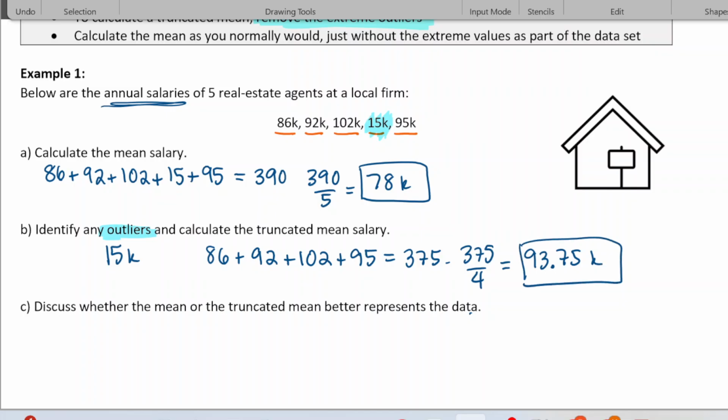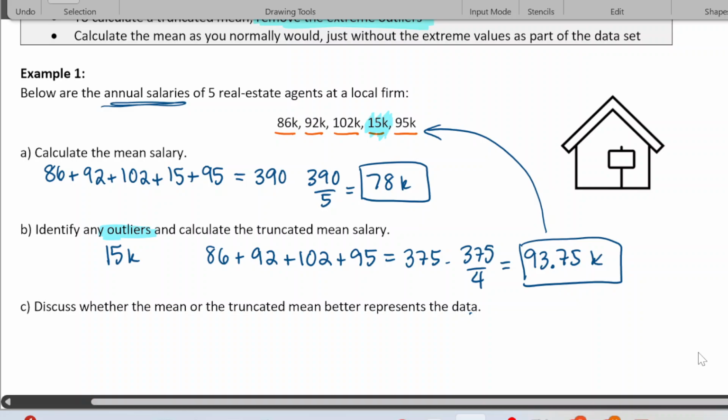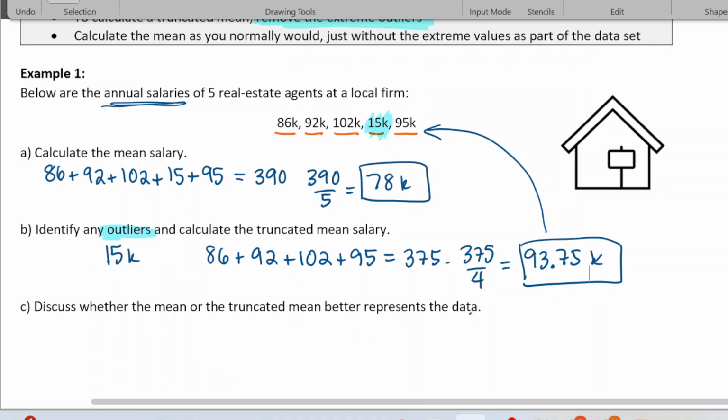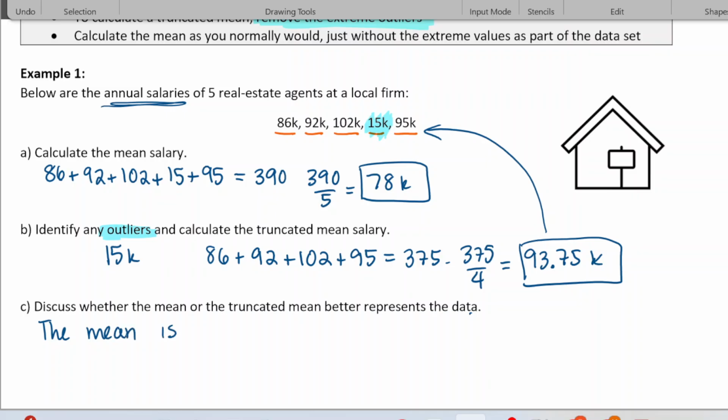That is a much better, I would say, representation of the majority of these real estate agents at the firm. If you compare the truncated mean to the mean, this is a better representation of what most people are doing. So it says discuss whether the mean or truncated mean better represents the data. So the mean is skewed, we can say, downward, much lower than you would expect because of that outlier.